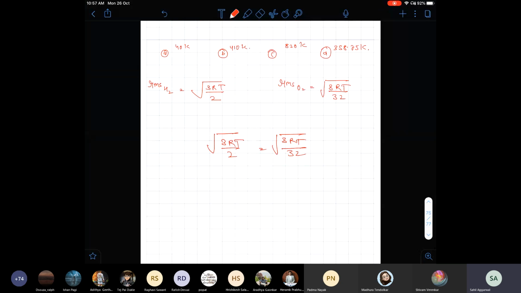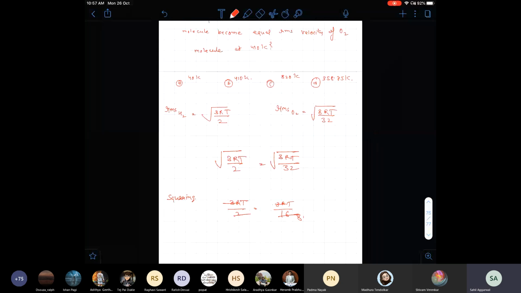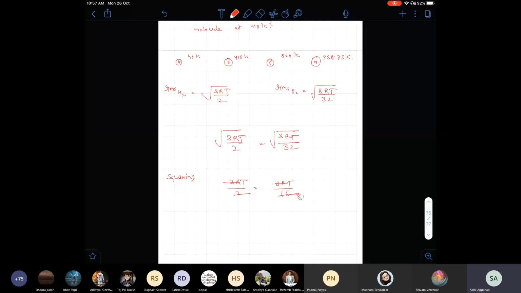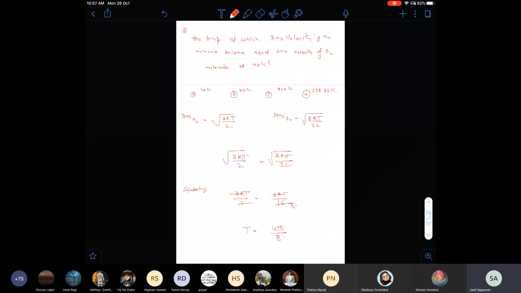Squaring both the sides, it will give you 3RT by 2 equals 3RT by 16. 3R से 3R कट जाएगा. This will become 8. One of the temperature is given. T will be equals to 410 by 8. That will be our answer.